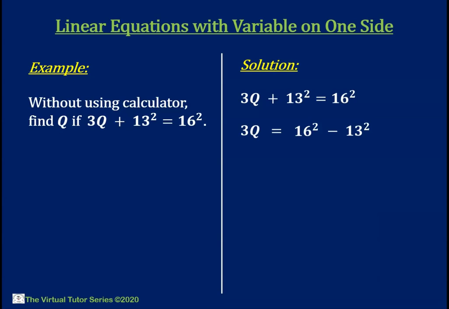So we have 3q is equal to (16 minus 13) times (16 plus 13). You may want to watch our previous video lesson on factorization of algebraic expressions to learn more about how to factorize expressions involving difference of two squares.